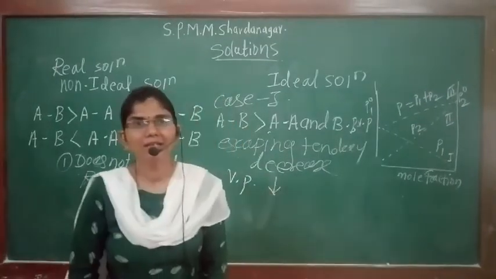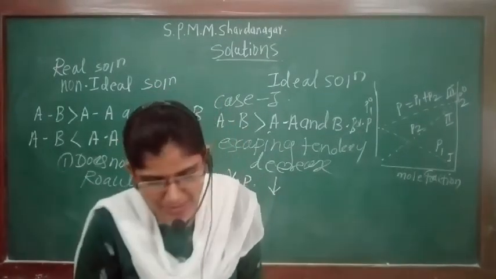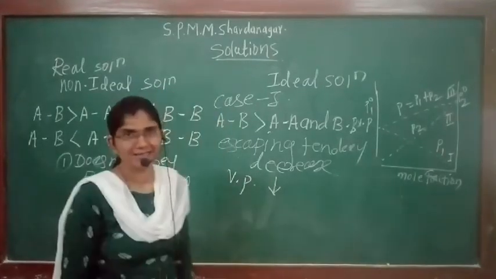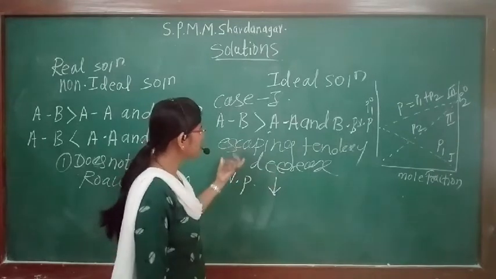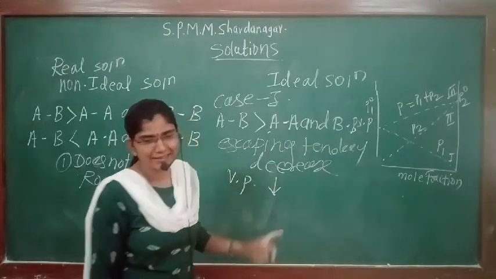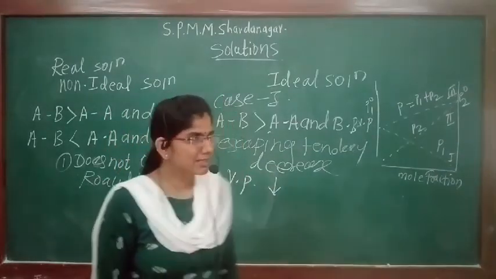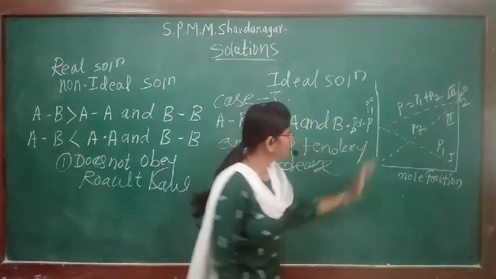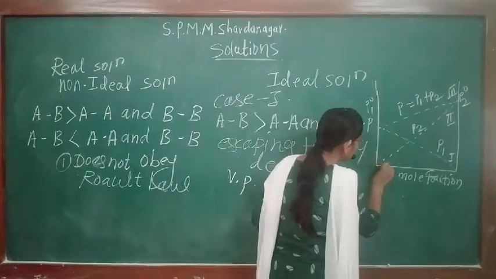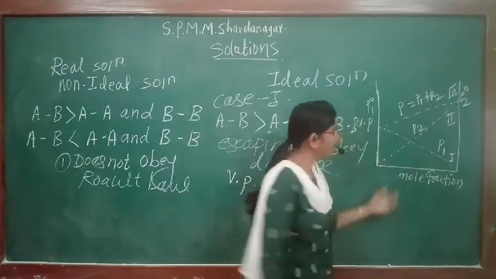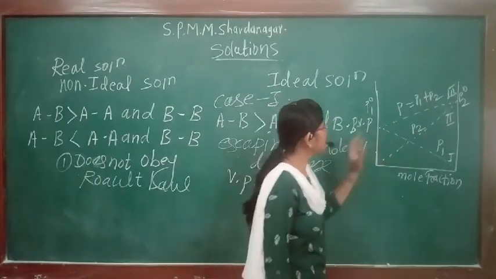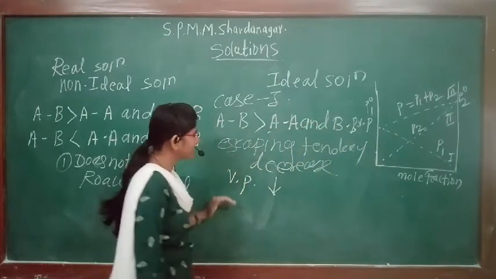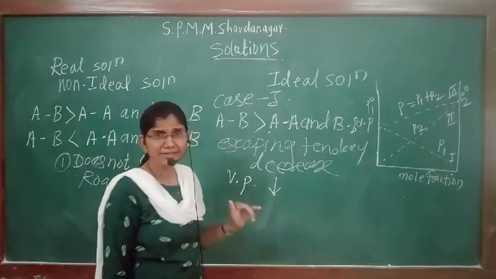If the escaping tendency decreases, then at that time the vapor pressure also decreases. And therefore here, that means the vapor pressure. This is the graph of an ideal solution, but there is some deviation for the non-ideal solution.